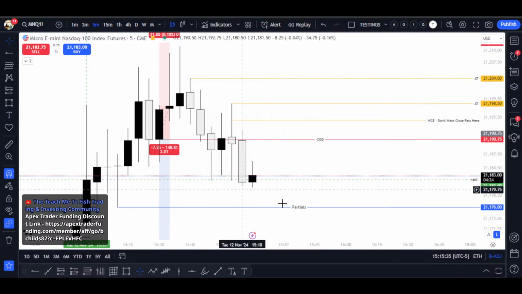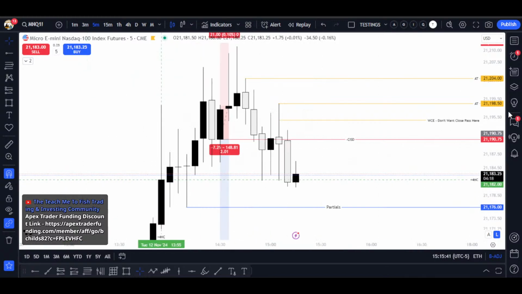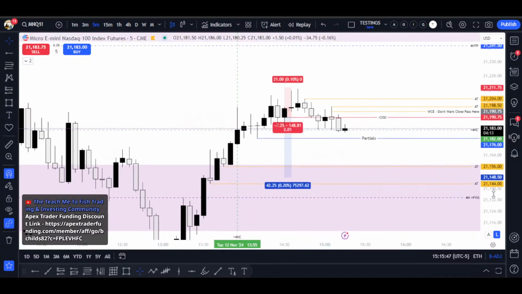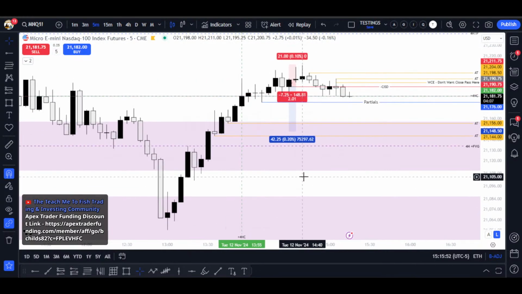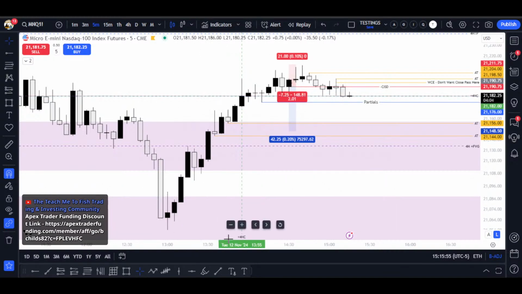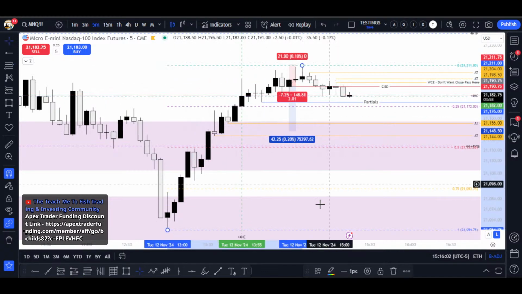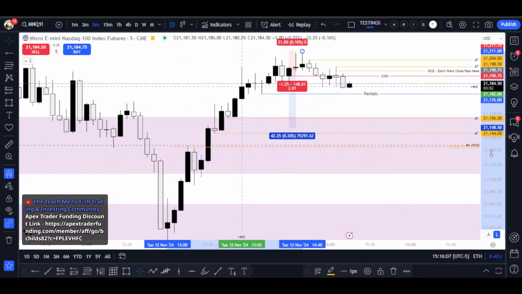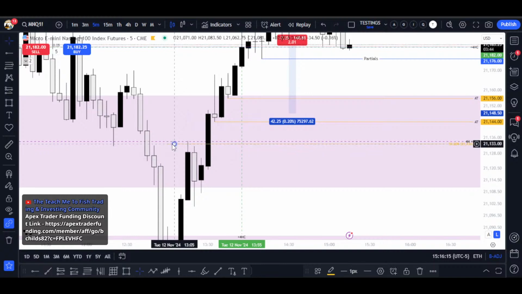So we have closed below 21,182 flat. So I am looking for price to give me a bullish entry. If we take a look at the current dealing range, just gonna do it like that.